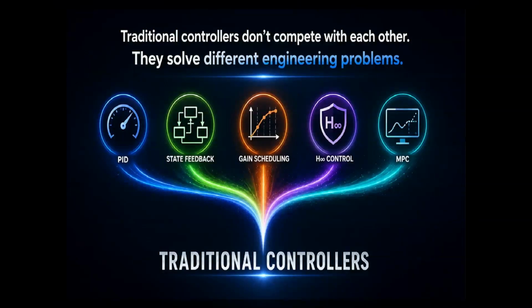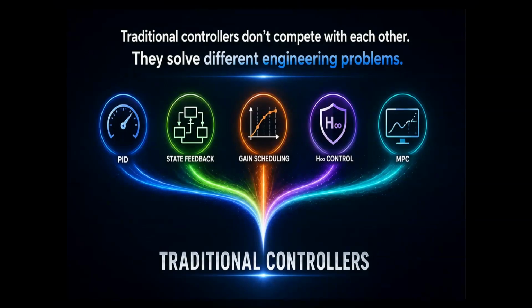When robustness against disturbances and uncertainty is essential, H-Infinity control offers strong performance guarantees. And when future behavior and physical constraints must be considered simultaneously, model predictive control becomes one of the most powerful available approaches.